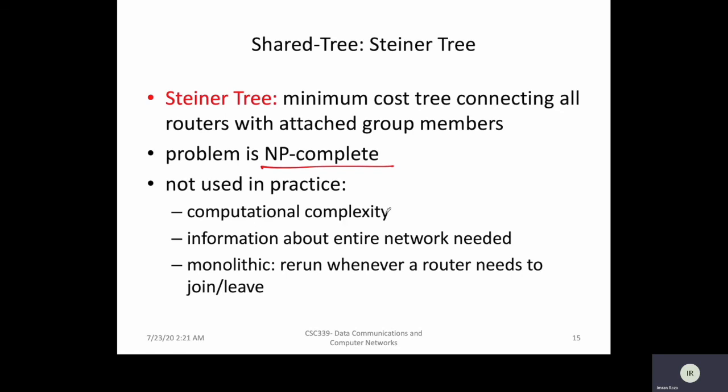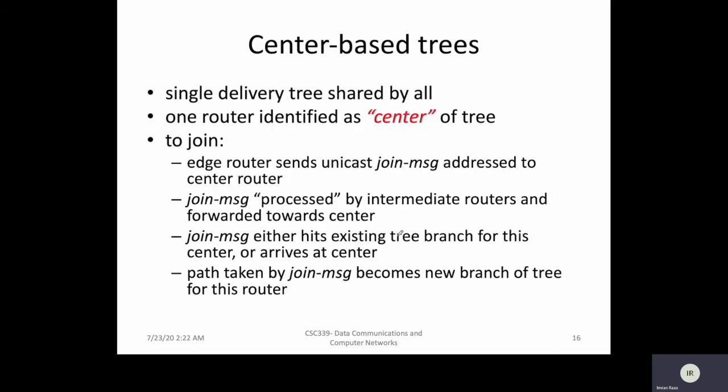Because it has high computational complexity, and for that I need to have the information of the entire network, and it's obviously monolithic. I mean, I have to rerun it whenever a router needs to leave or join. I again need to rerun it, having the information about the entire network, and obviously it involves complexities. It has high complexity as it's an NP-complete problem, right?